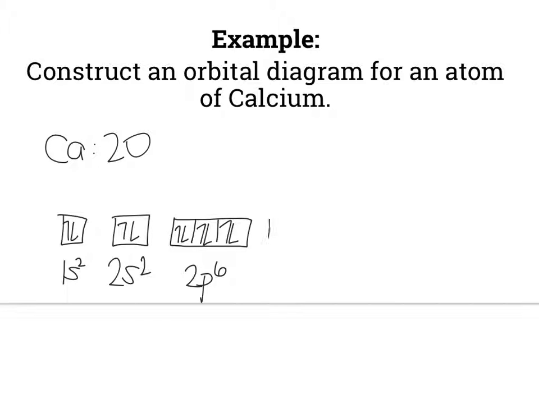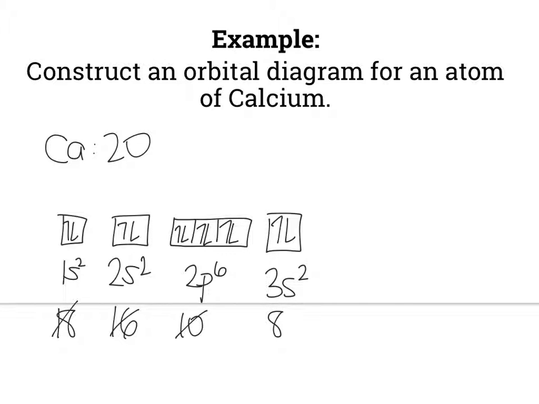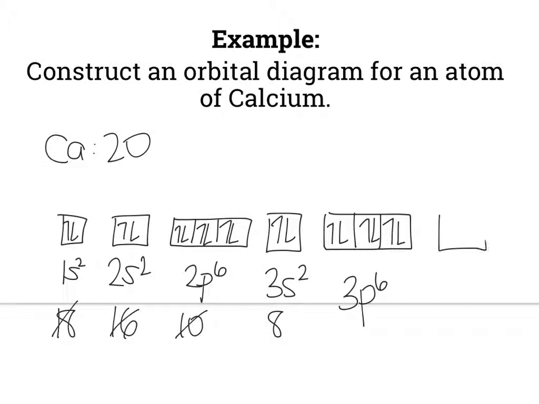Then we got 3s, 2. I just realized I'm not actually keeping tally. So 18, 16, 10, 8. 3p, 6. And 4s2.